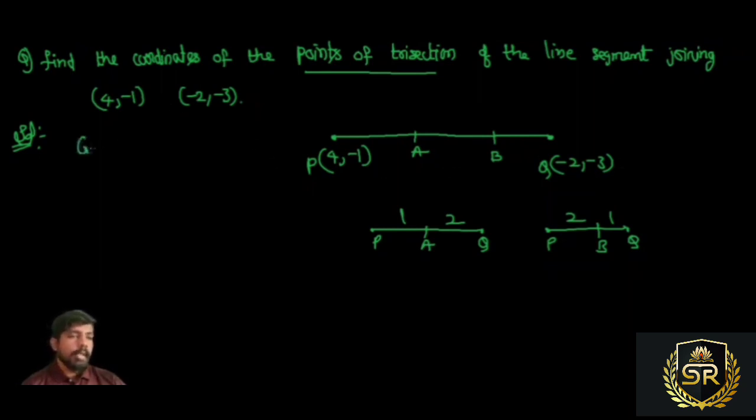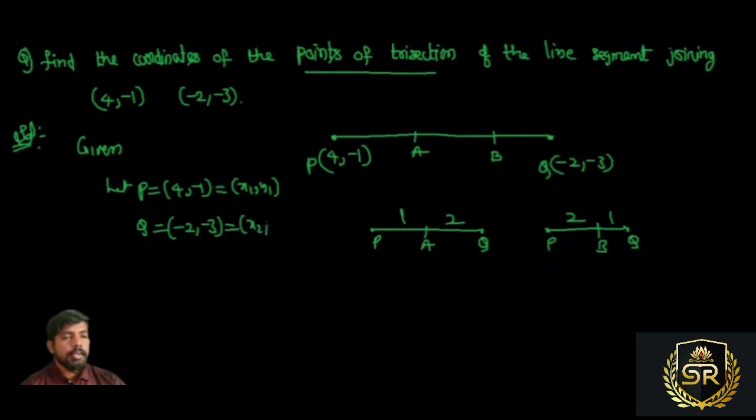Let point P be (4, -1) and Q point be (-2, -3). Now assume this is (x1, y1) and this point is (x2, y2).